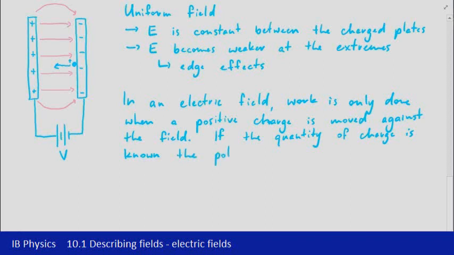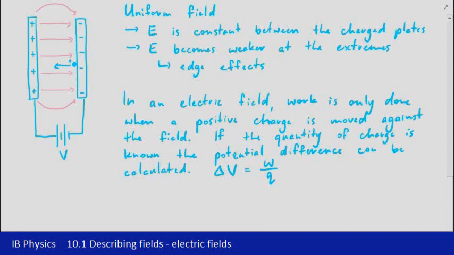And we can determine that by using the equation that we saw in the previous video. If you may recall, the potential difference is going to be equal to the work divided by the charge.